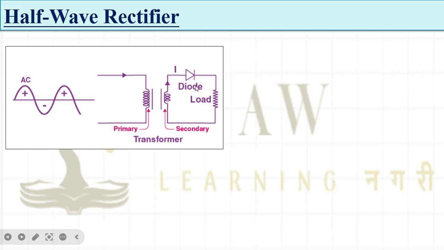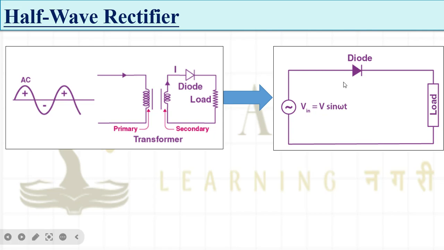So this circuit you are seeing, with one diode and one load, is called a half wave rectifier. You can see one simplified circuit. I have my AC supply available, and one diode. A diode is a power electronic switch. Depending on our output requirement, we can replace the diode with some other power electronic device like a thyristor, MOSFET, or IGBT.